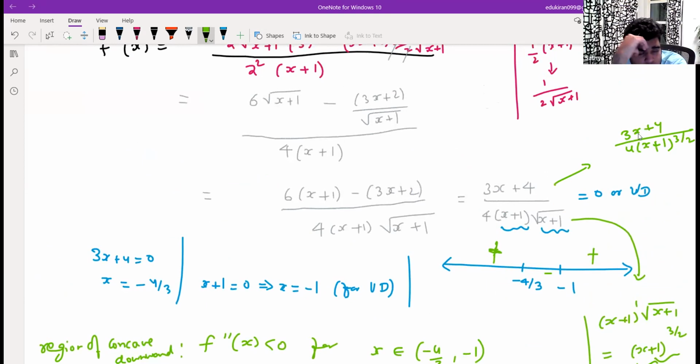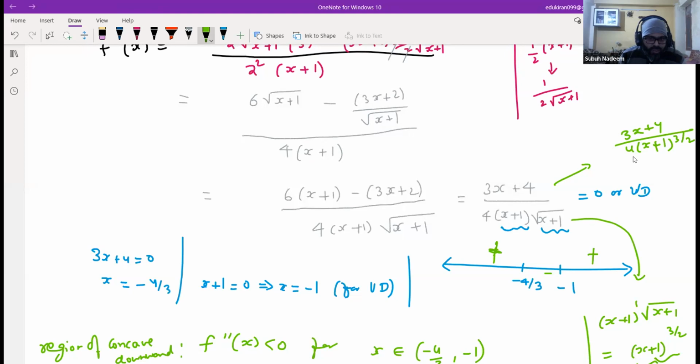So then where's the 4 going? Should we also include the 4? 4 cannot be 0, no? So we'll just ignore that? No, we are seeing the sine scheme. In the sine scheme, we want to get the value of x where the function is becoming 0 or undefined.